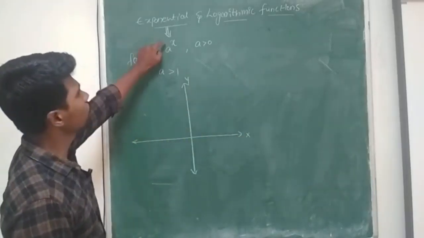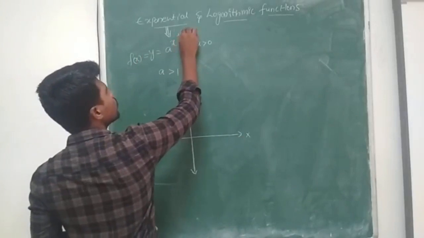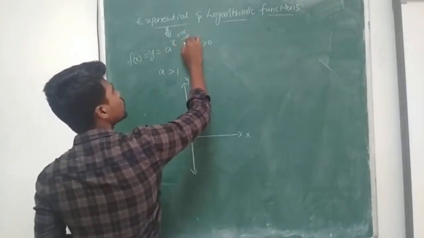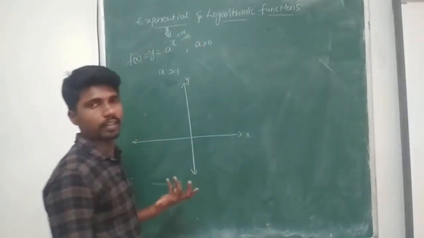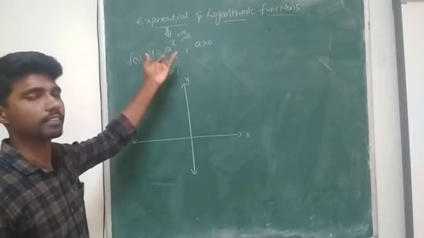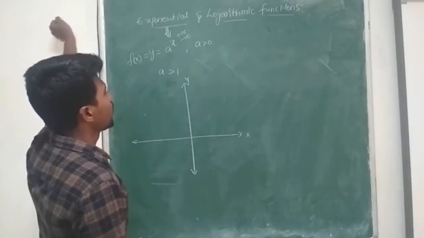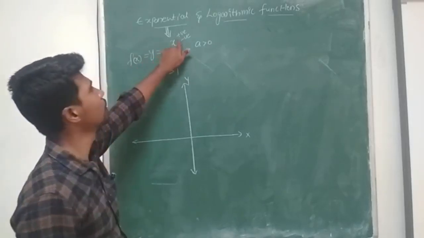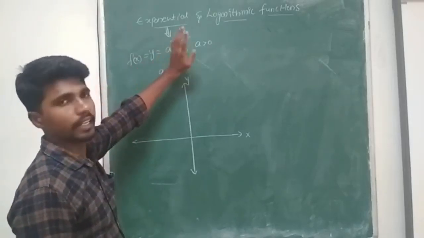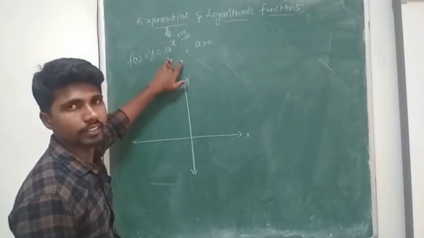Whatever values you substitute, whether positive or negative or 0, for the value of x as 0 the function exists, since anything power 0 is 1, except 0 itself. So whether it is positive or negative, the function exists.